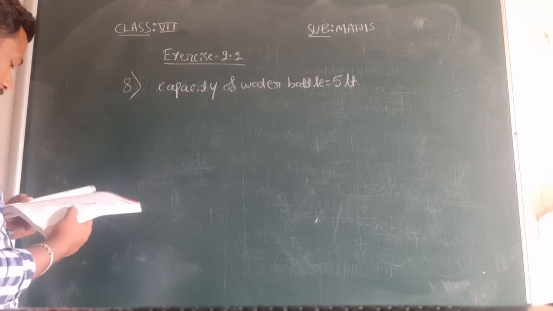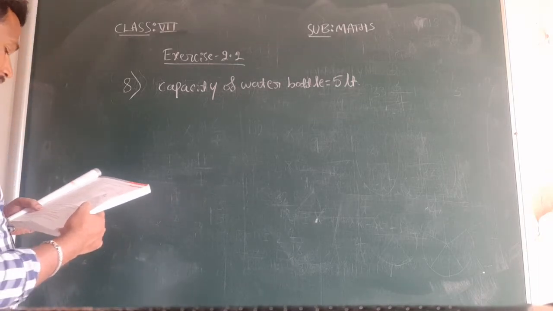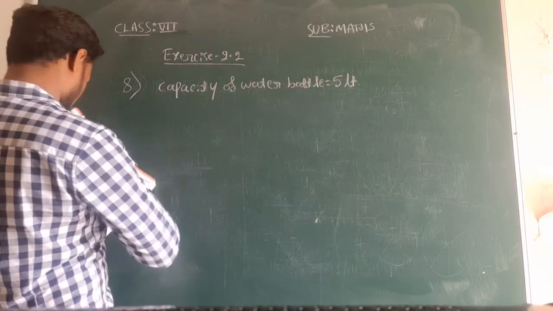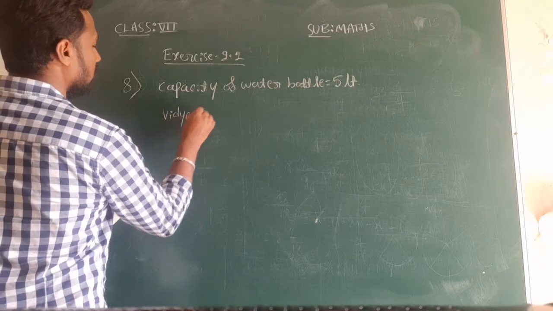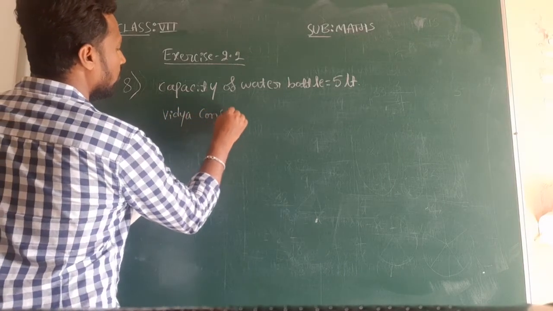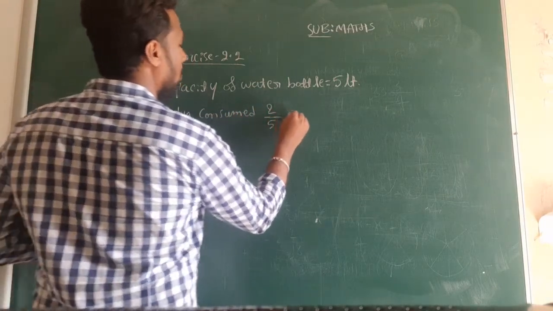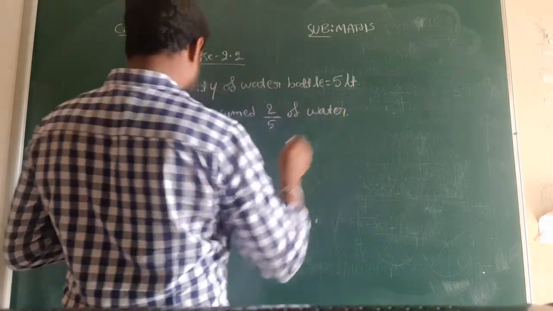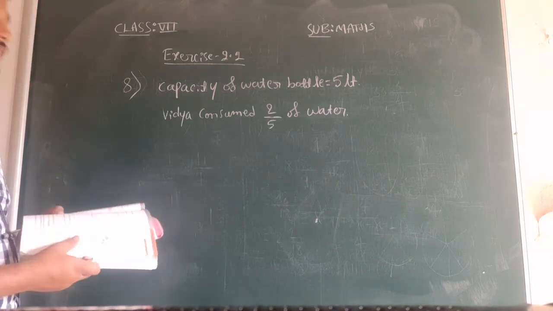Then what is given? Vidya consumed 2 by 5 of the water. How much did Vidya consume? Vidya consumed 2 by 5 of water, and the remaining water was consumed by Pratap.